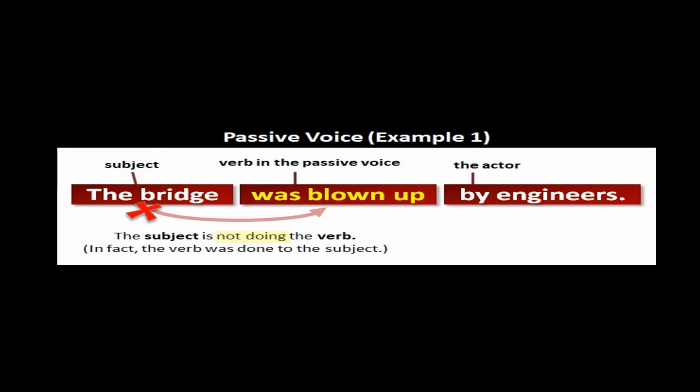Yes, the bridge here is the subject of the sentence, but it is not doing something. It was blown up means it is receiving the action. By whom? The actors, that is the engineers. So in passive voice, the subject is never doing the action but receiving the action.